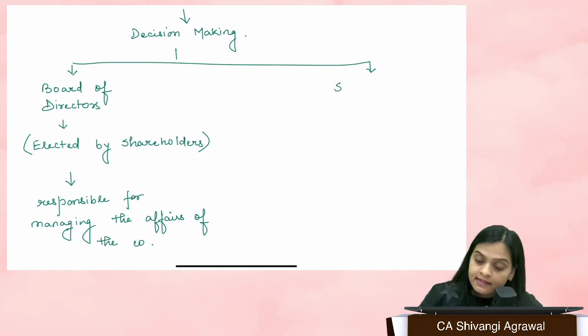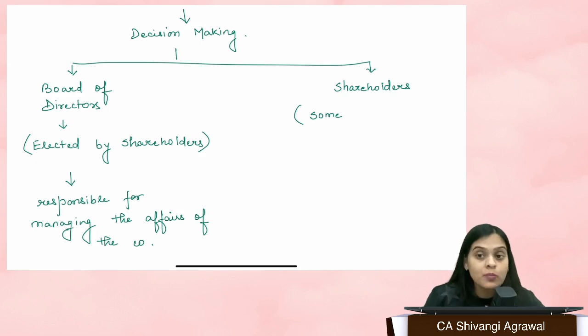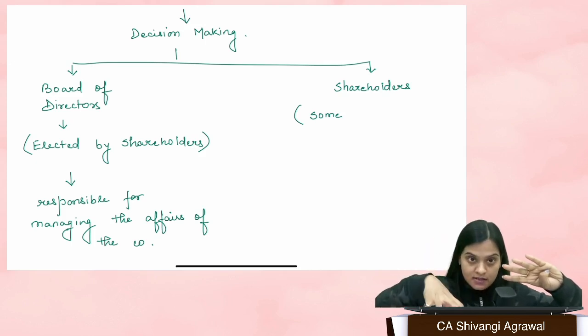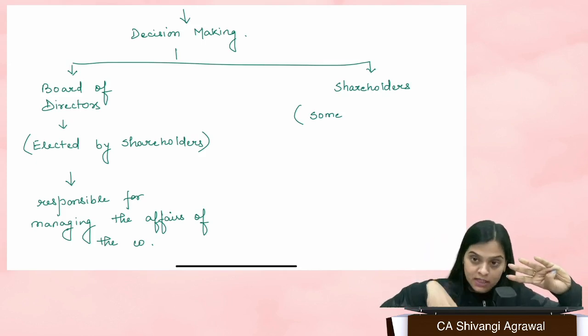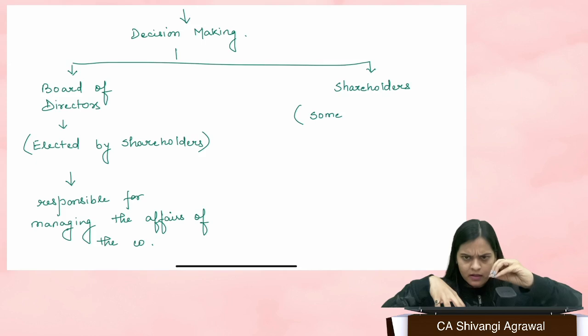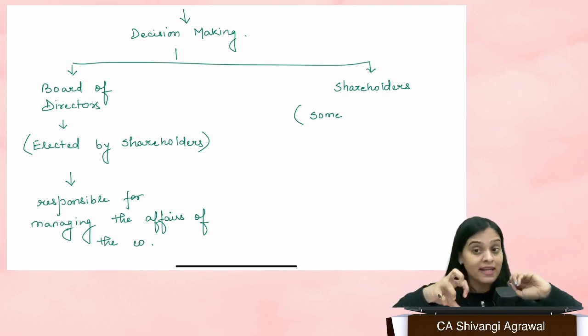Then there are shareholders. Some decisions or some powers are being reserved. Companies Act tells you that, say, there are four people who have invested in the company and formed a company. Now, these four people have elected some people as directors and they are managing the company.